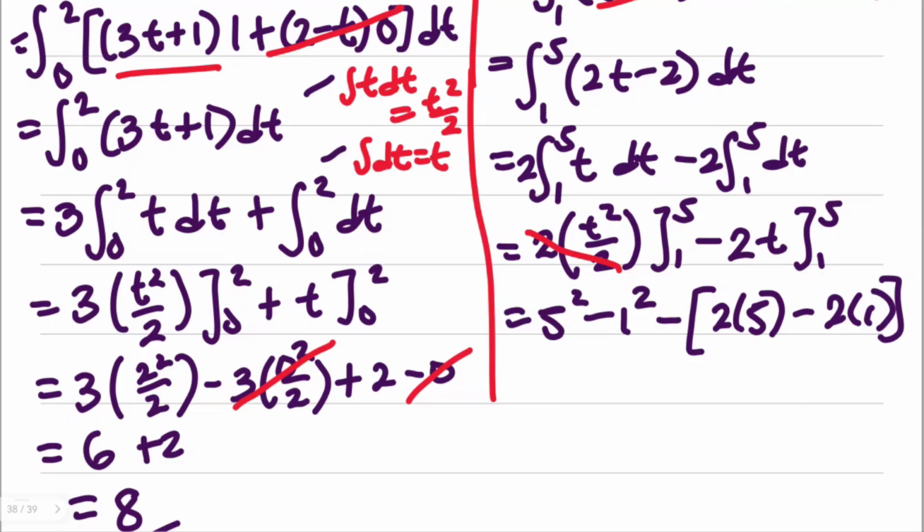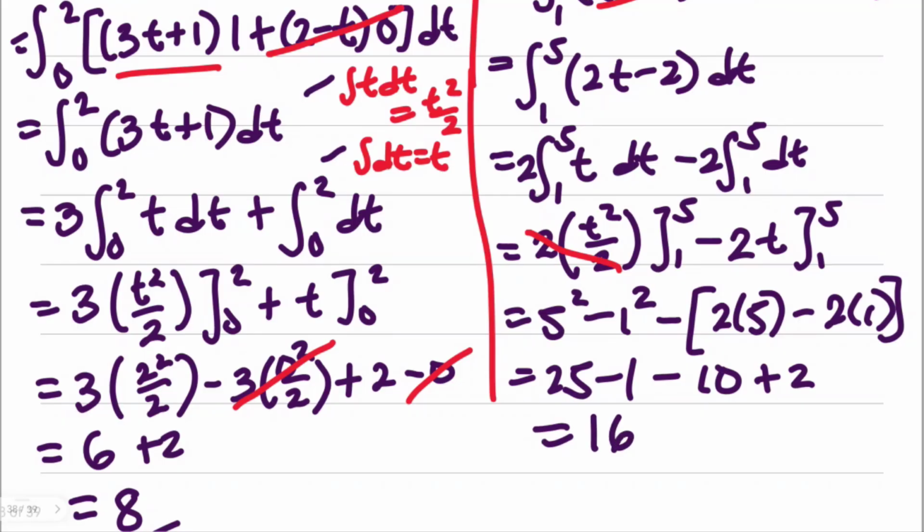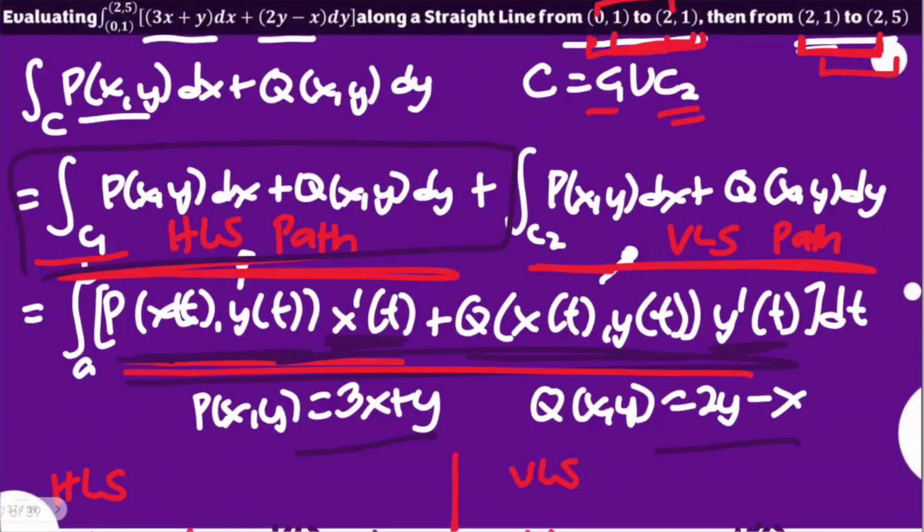So let's just finish this one here. 25 minus 1 minus 10, double negative property, plus 2. So this is actually 27 minus 11, which is 16. That is, of course, just the integral of your second path, the vertical line segment path.